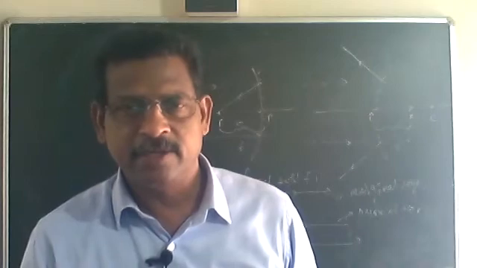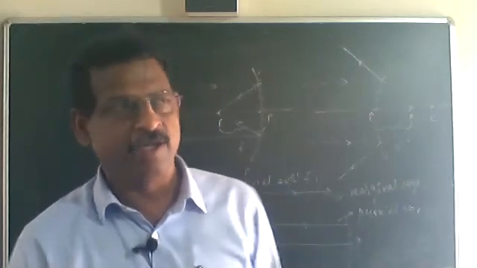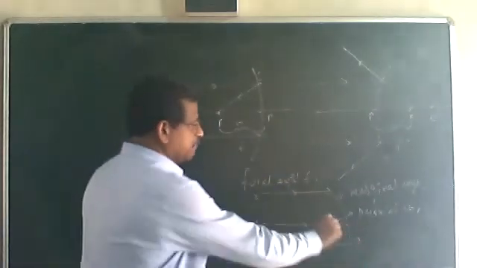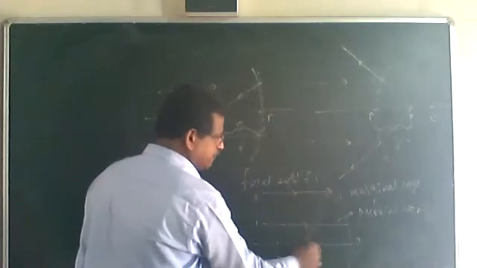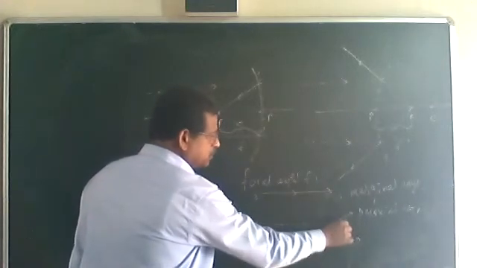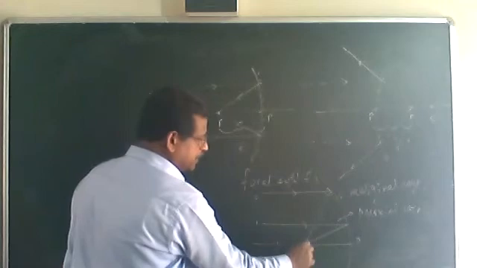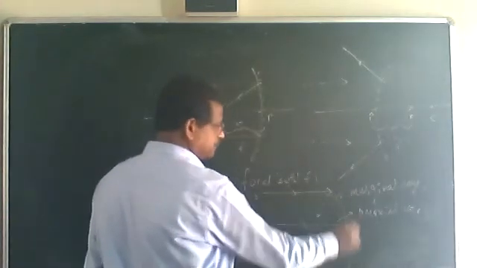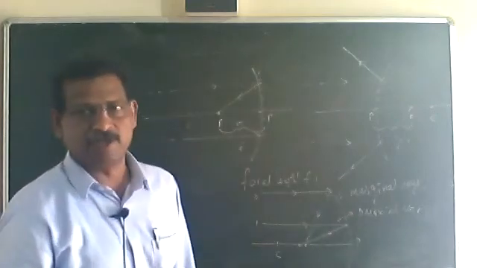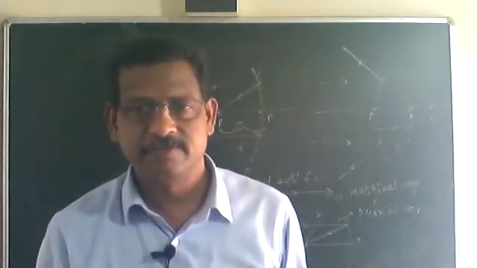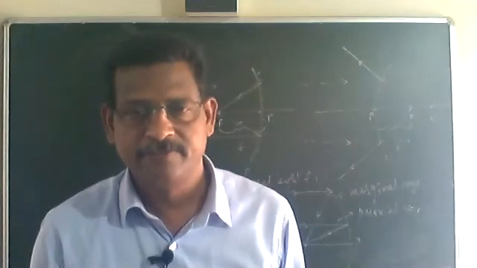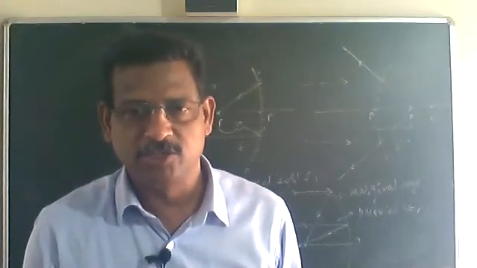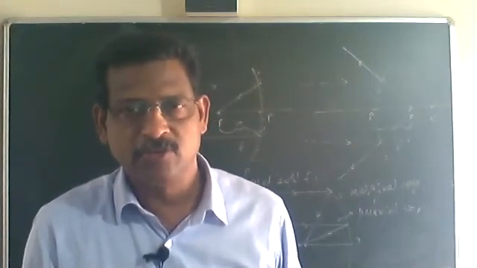Usually, if the object is at infinity, these two rays may not come to the same point. They will meet at slightly different points, so the image formed will not be bright. So marginal rays and paraxial rays, in the case of a huge mirror, after reflection will not come to the same point.